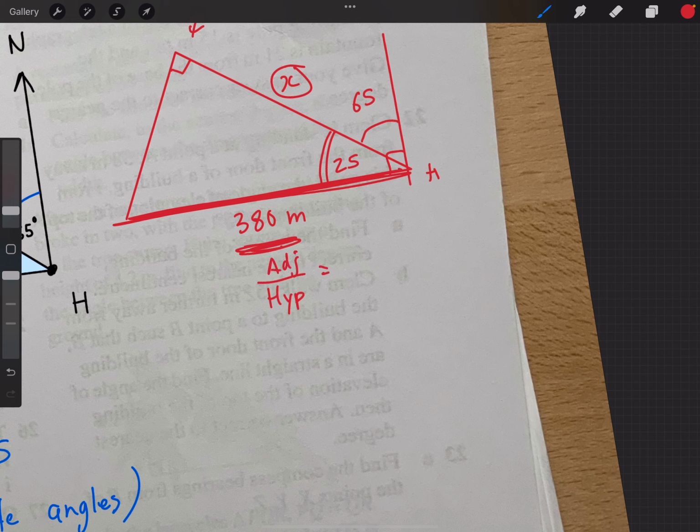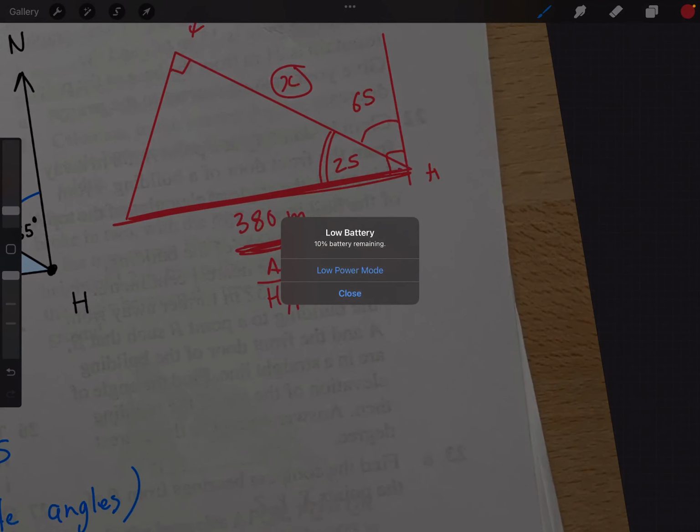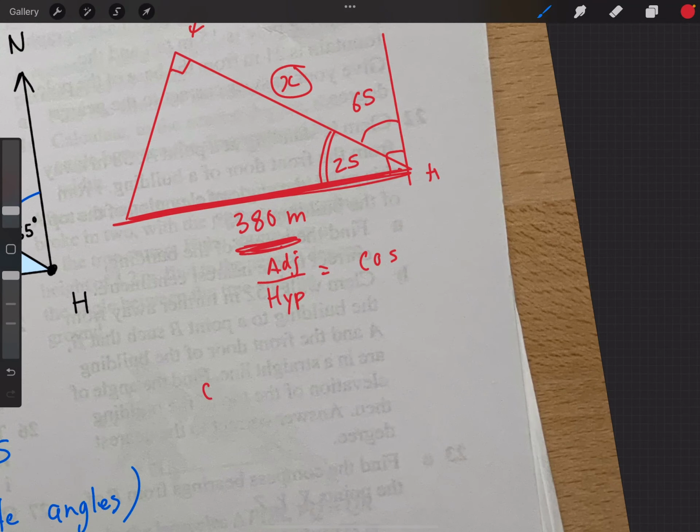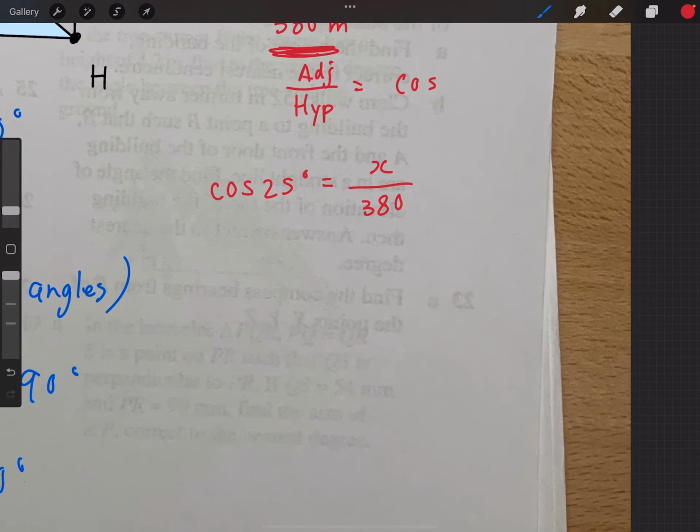So adjacent over hypotenuse would be your cos. So cos of 25 degrees is equal to adjacent, which is x, over the hypotenuse, which is 380 meters. Therefore we want x by itself, so we need to get rid of this 380. What's the 380 doing? It's dividing. So we need to multiply both sides by 380.